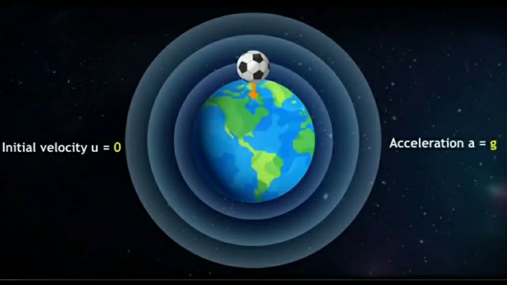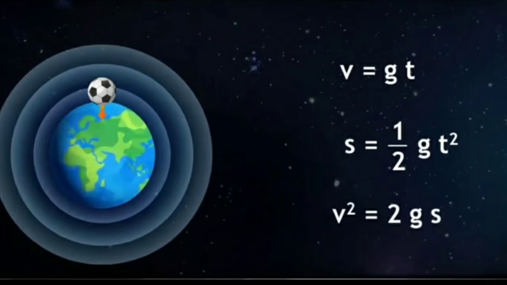So we can write the equations as v = gt, s = 1/2 gt², and v² = 2gs. So these are the Newton's equations of motion for free fall.